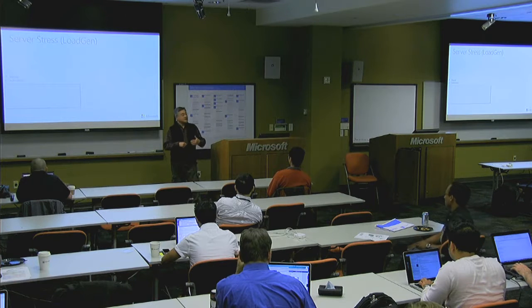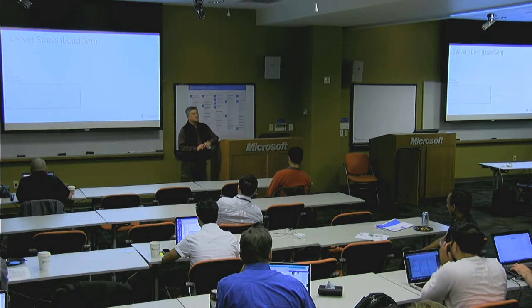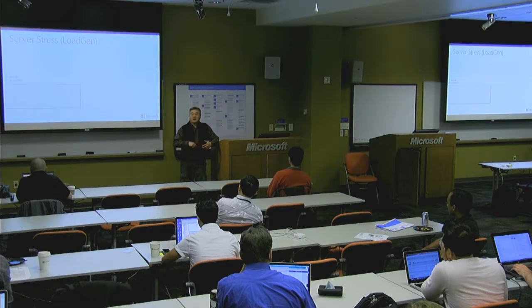WHCK is a freely available certification toolkit that has been released for a few years now. And for each release of Windows and Windows Server, we are creating and we are releasing a companion version of this kit.